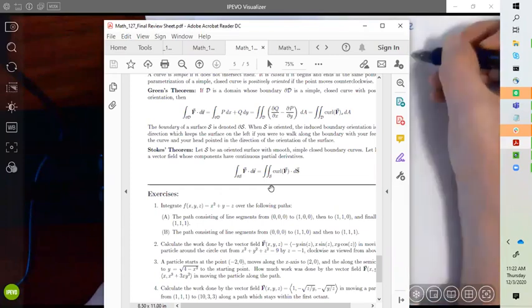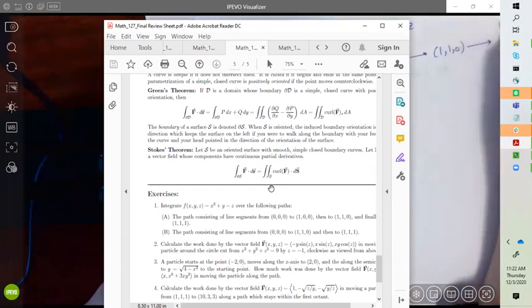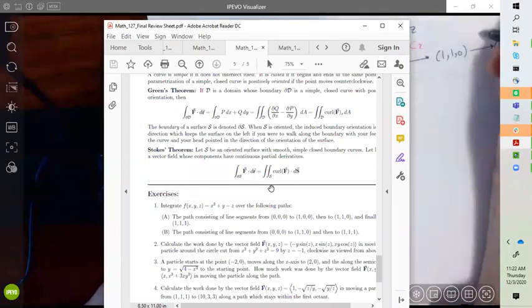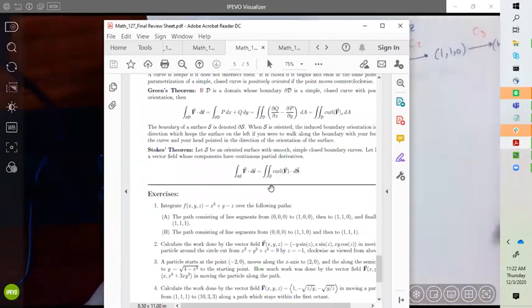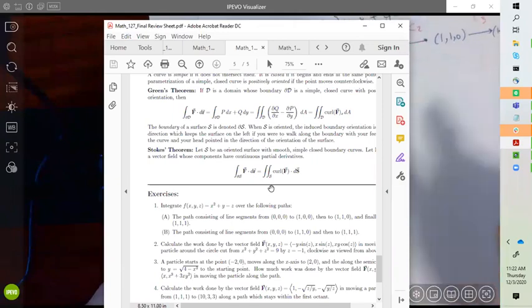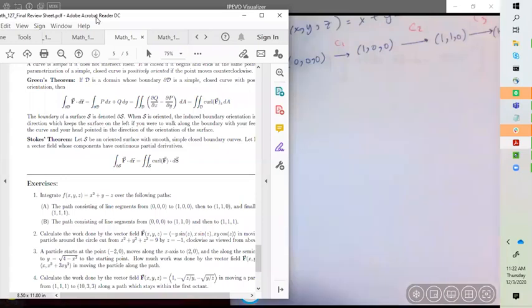And then it goes to 1, 1, 0. How many paths? One is this connection, which is C1. The other one is C2, then it's C3. You can see this part, right?